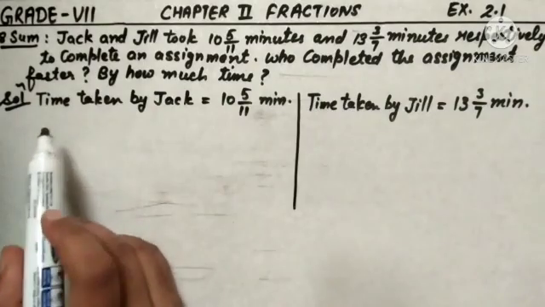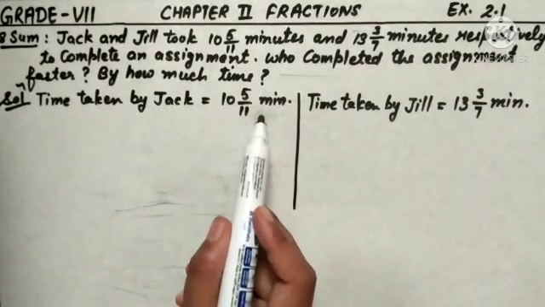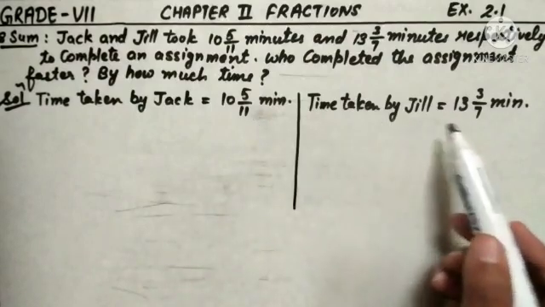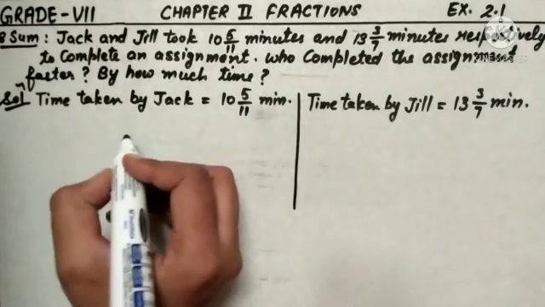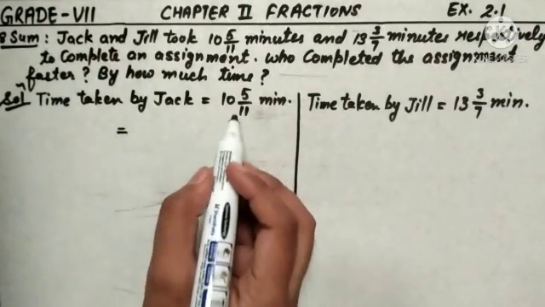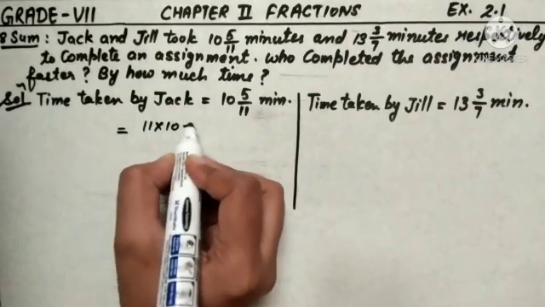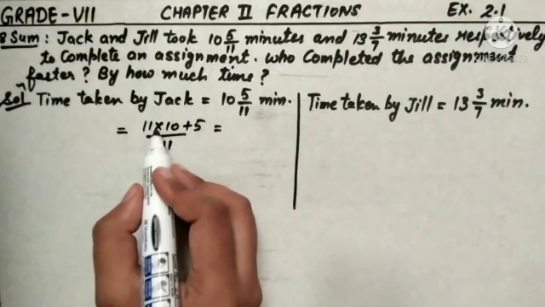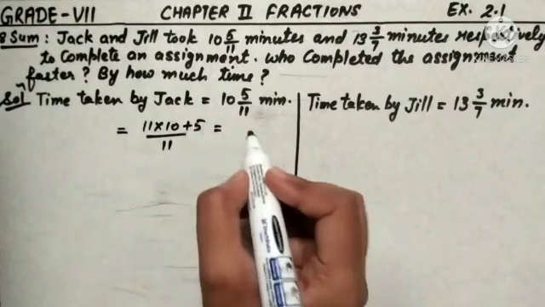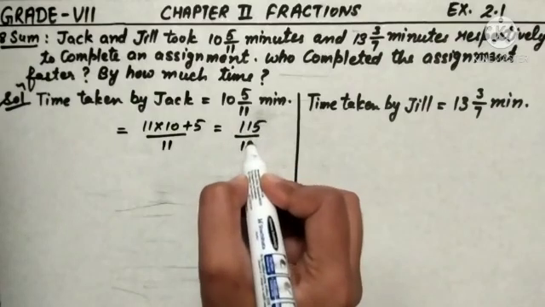So students, I have written over here the time taken by Jack, that is 10 and 5 by 11 minutes, and the time taken by Jill, that is 13 and 3 by 7 minutes. First of all, we will convert these mixed fractions into improper fractions. 11 into 10 plus 5 divided by 11: 11 tens are 110 plus 5, that equals 115 divided by 11.